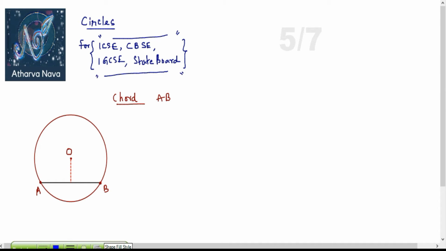Let me call this OP. OP is my perpendicular from the center to the chord. This is making 90 degrees on both sides. Yes, on each side it is 90 degrees.